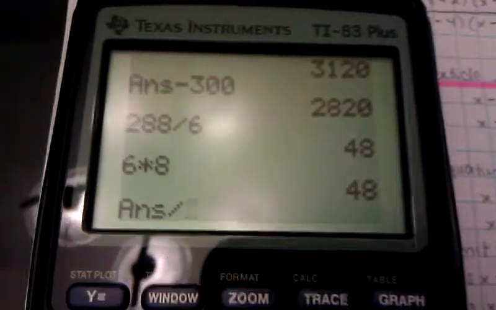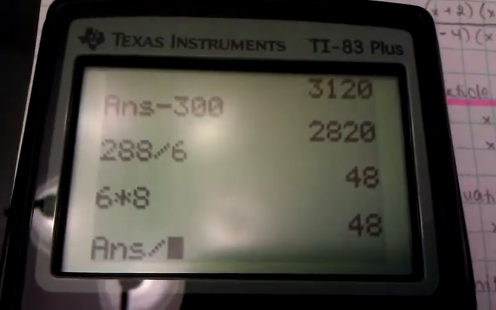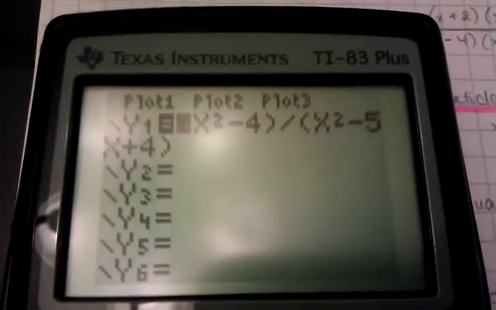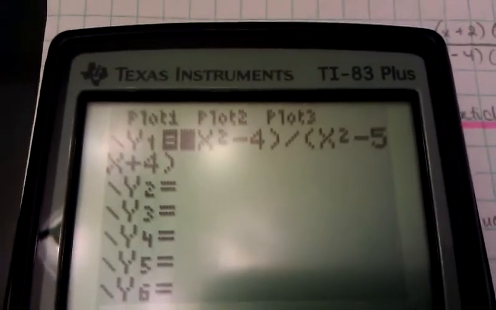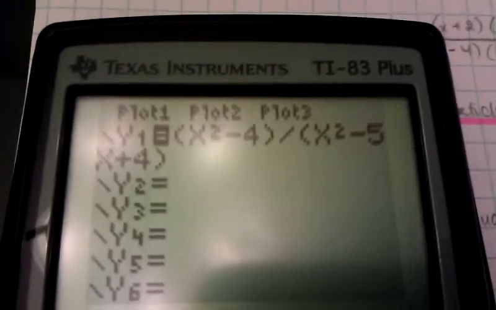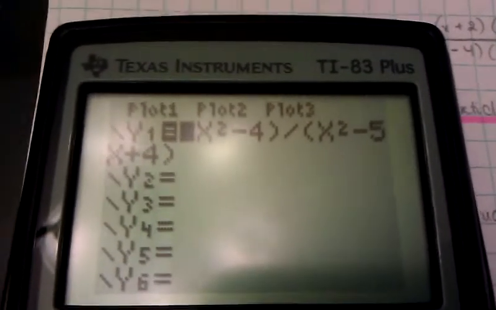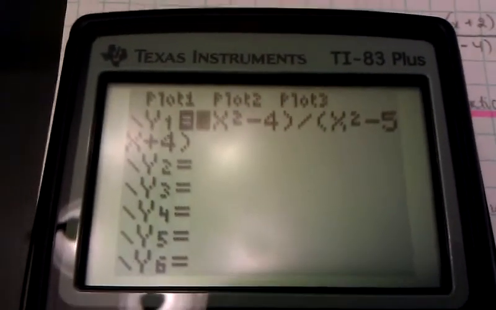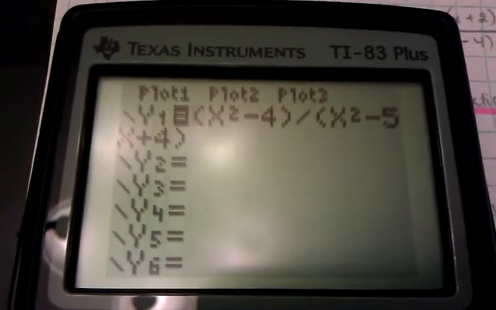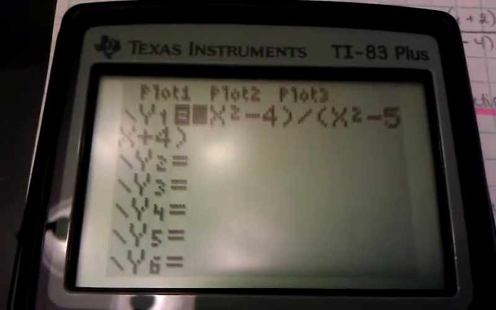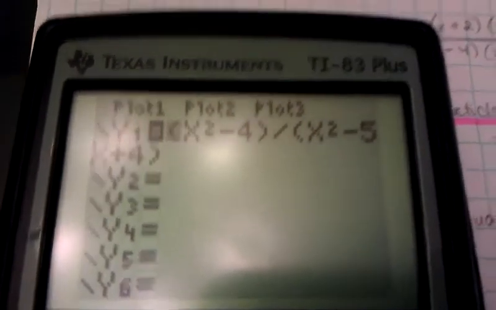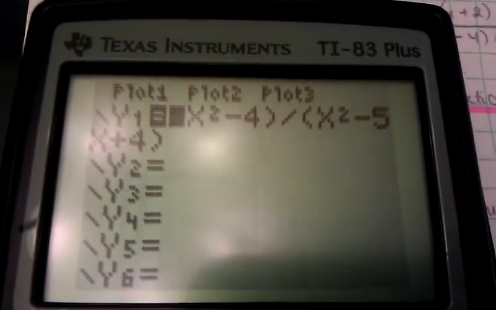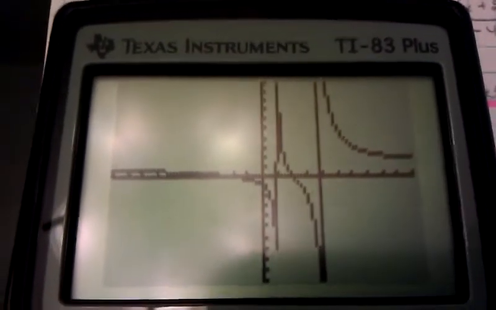You will plug them in by clicking y equals and I plug in the equation. It doesn't matter if you plug in the simplified one or the original one, but usually you plug in the simplified one. But because my rational function didn't cross out any factors, I will use the original one. Then you click graph, and you got this.